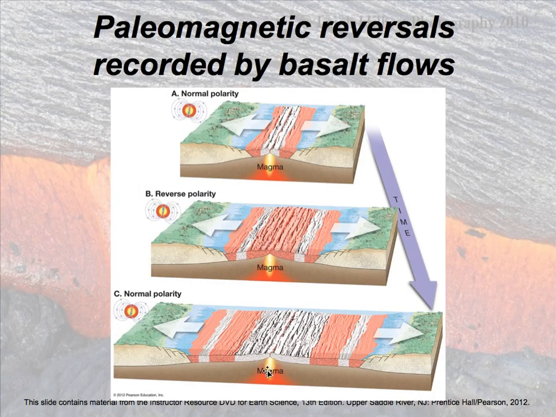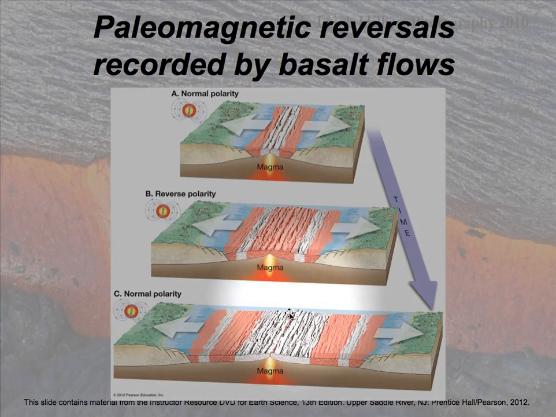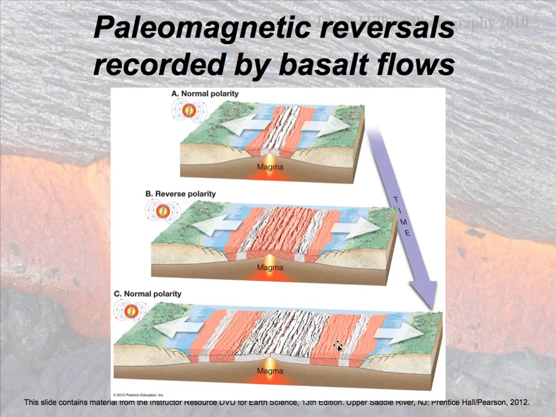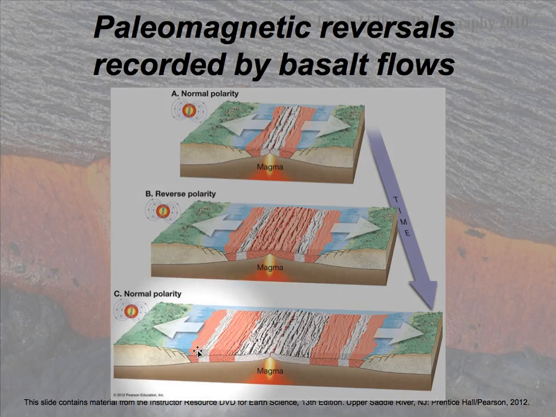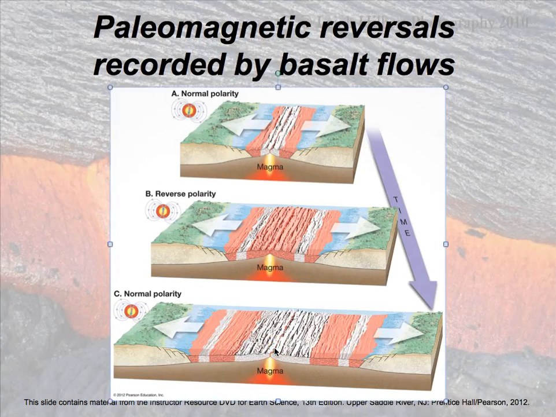And it may then eventually switch back over a couple million years, and they might record normal polarity again. But what's interesting about this is that if the ridge is right down the middle, the pattern of magnetic polarity striping on either side is exactly the same from one side to the other. That actually gives further evidence to plate tectonic theory, or at least it supports the notion of divergent boundaries.